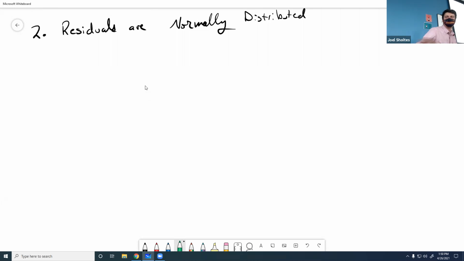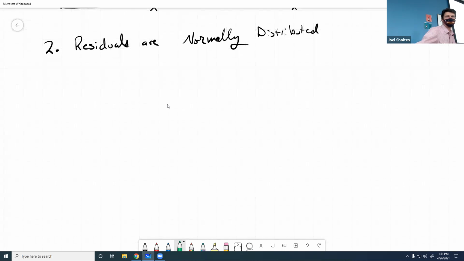And what's a good way for actually testing if something is normally distributed? We did this for our distribution fitting discussion. Do you remember the name of those kinds of plots?